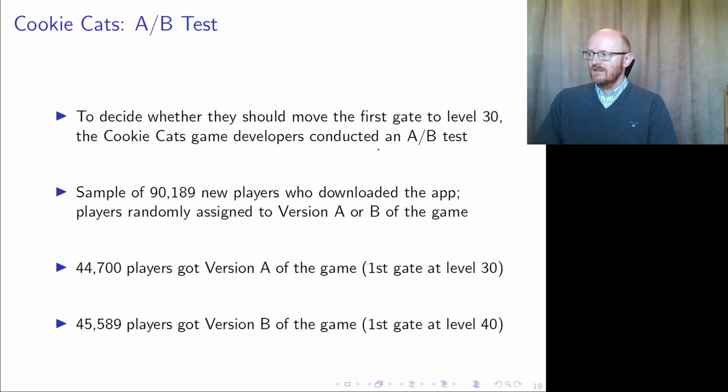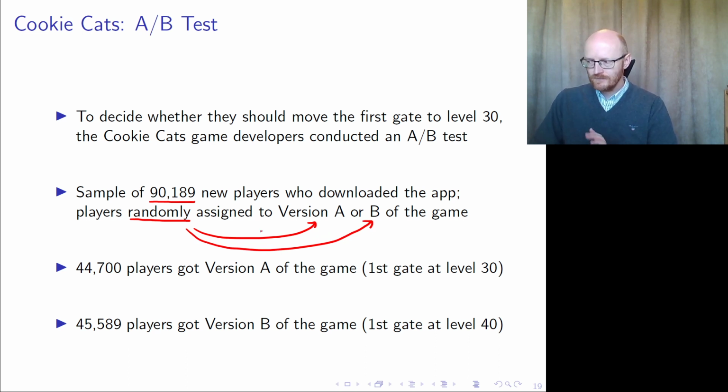So you conduct an A/B test. So you have a sample of 90,189 new players who downloaded the app, and these were randomly assigned to version A or to version B, okay?